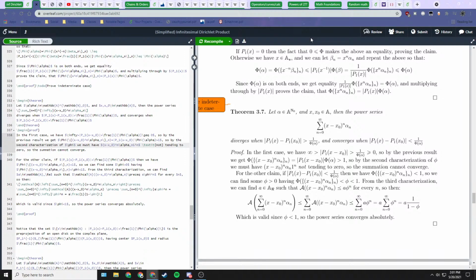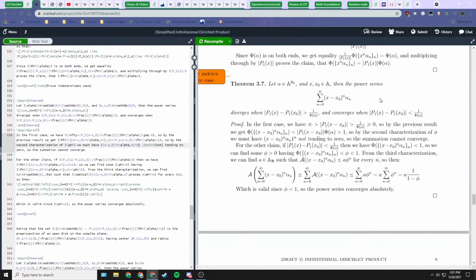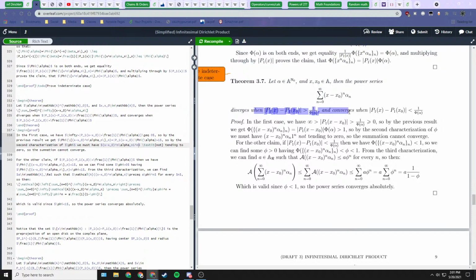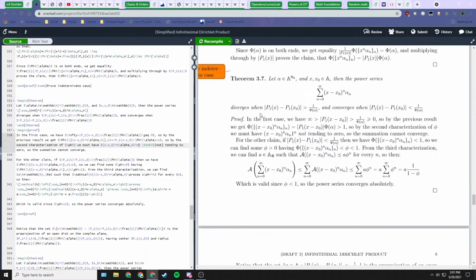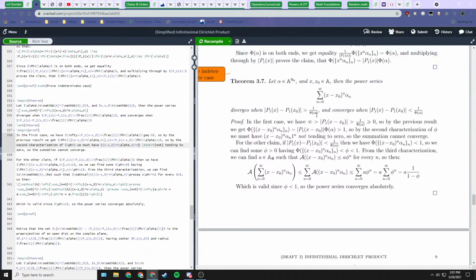Okay, so all we've done is make the observation that in this case, the indeterminate case is actually never going to happen. The indeterminate case only happens if this difference is 0, but in this first case, if this difference is strictly greater than the reciprocal phi, it has to be positive, it has to be greater than 0.